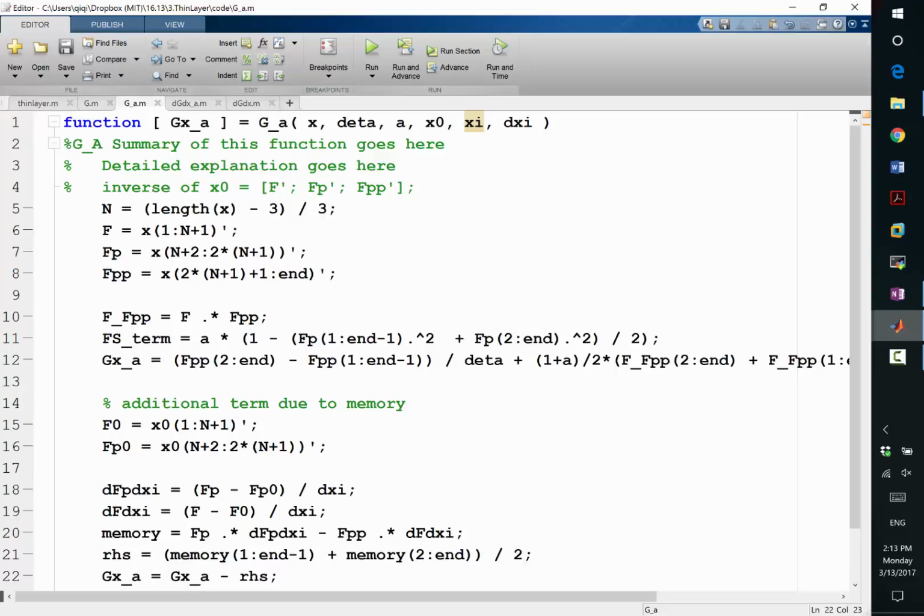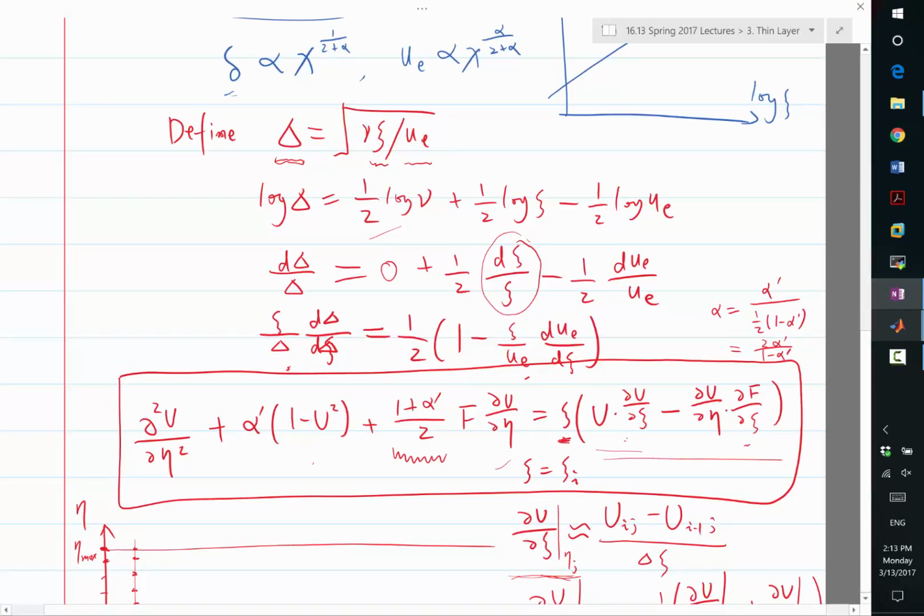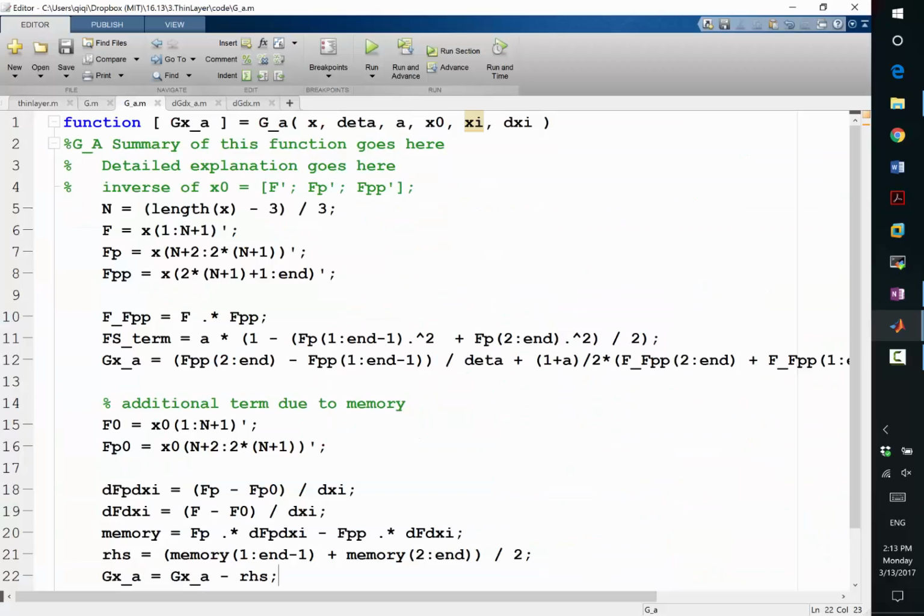When you bring in the previous solution at 0, are they stored at the integer points, not the endpoints? Which one are they saved at? Yeah, that's a good question. All the solutions are saved at the integer grid points. And we have a mixed order discretization here.